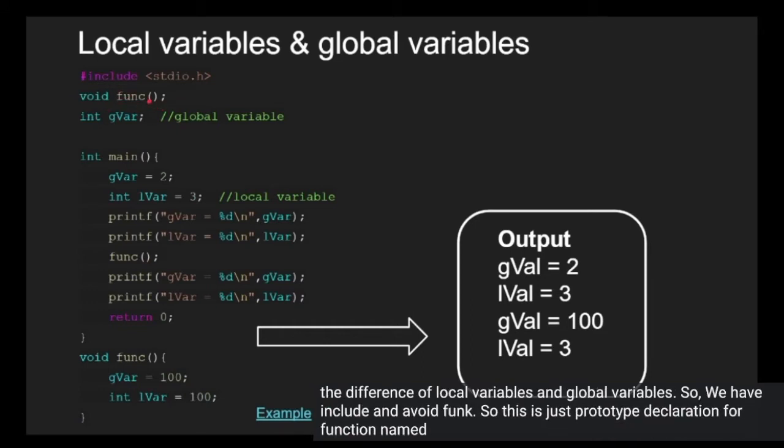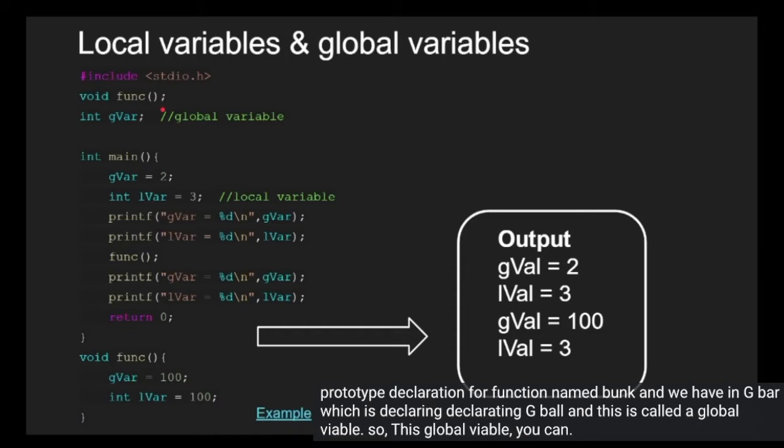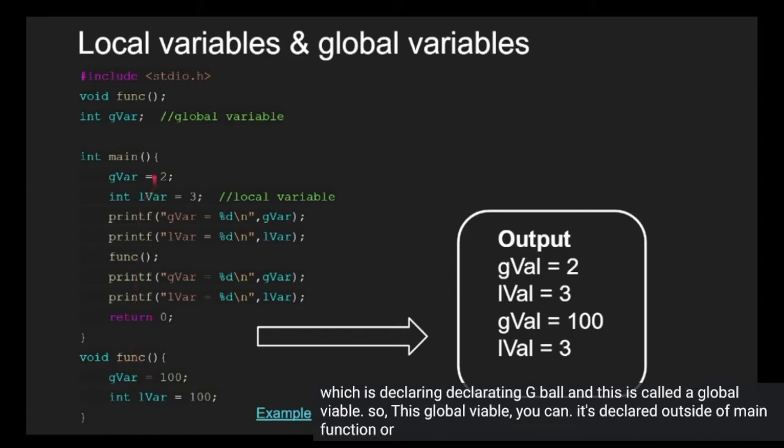And we have int gvar, which is declaring gvar, and this is called a global variable. This global variable is declared outside of the main function or any functions, and you can use it in any functions.